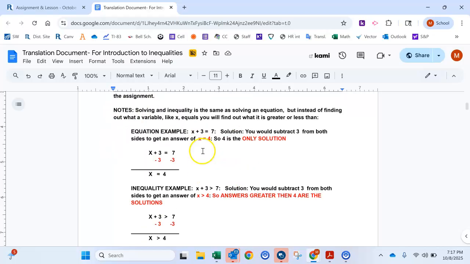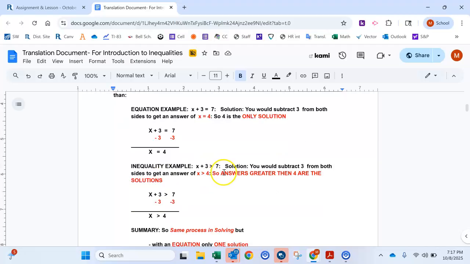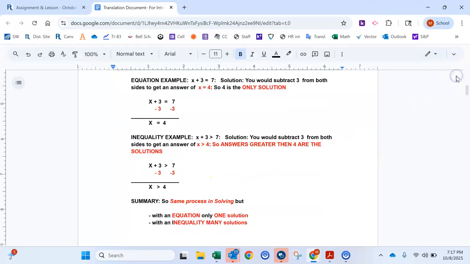The first important note is that solving an inequality is the same process as solving an equation, but instead of finding out what a variable like x equals, you find out what it is greater or less than. So look at these examples, okay?